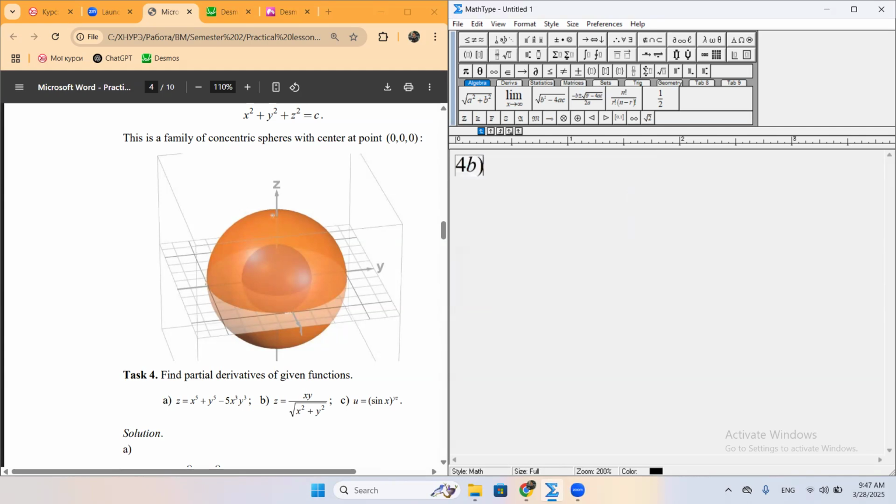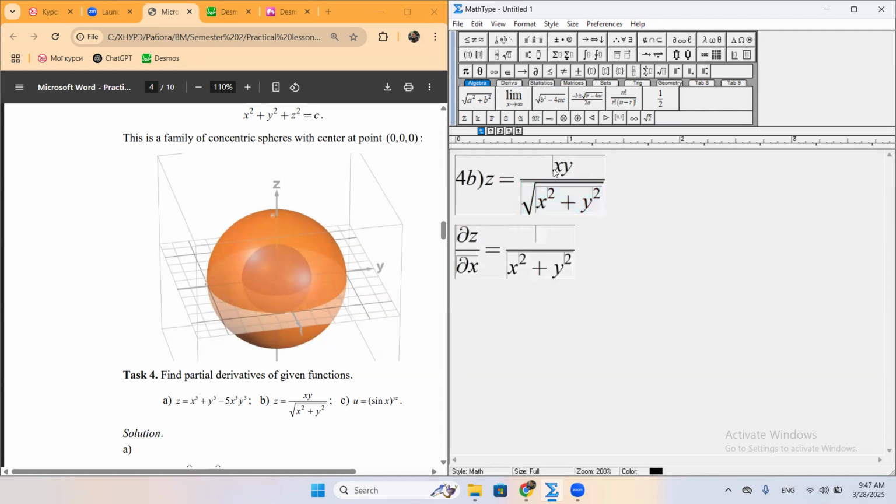Okay, no questions. So moving to the next function, z equals xy over square root of x square plus y square. Let's differentiate. dz by dx equals, reminding you the rule of differentiating a fraction. First of all, let's write the square of the denominator here.